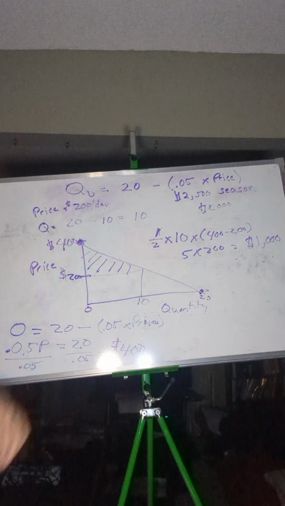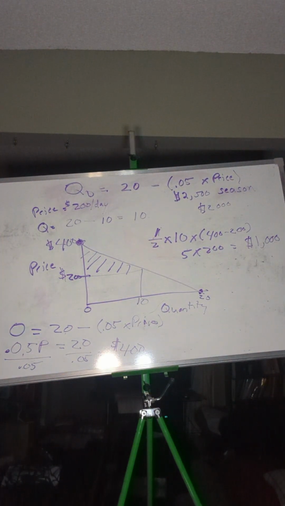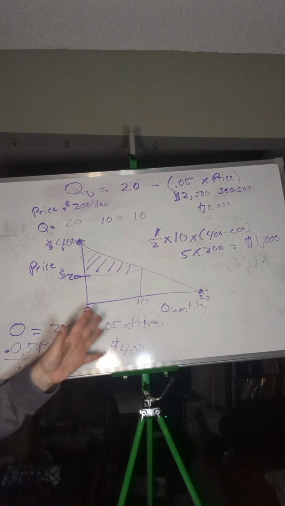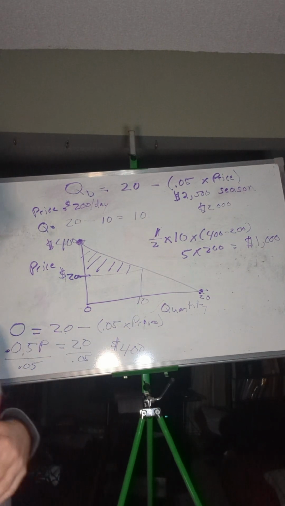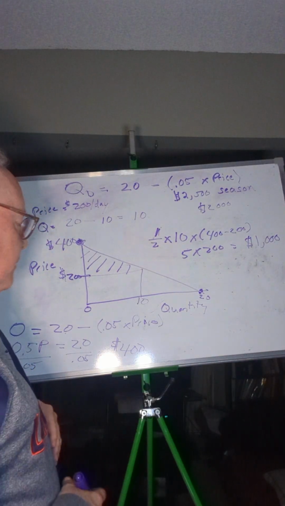So this person would get $1,000 of consumer surplus if they pay the daily rate and go up the 10 times that $200 would indicate based on their demand.